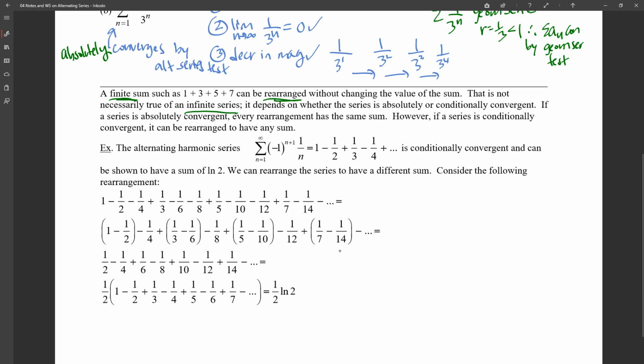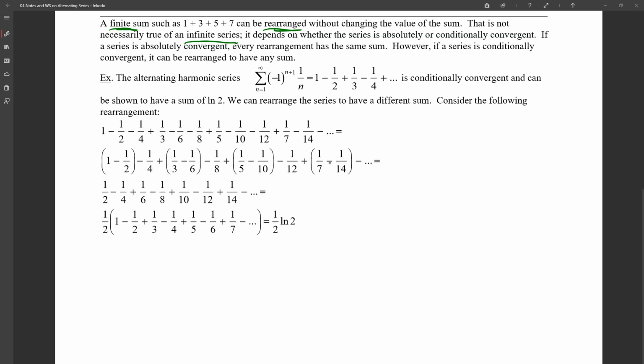If the series is absolutely convergent, then when you rearrange the terms, you'll get the same sum. But if the series is conditionally convergent, like the first series, then you can rearrange the terms to get a completely different sum, which is funky but true.